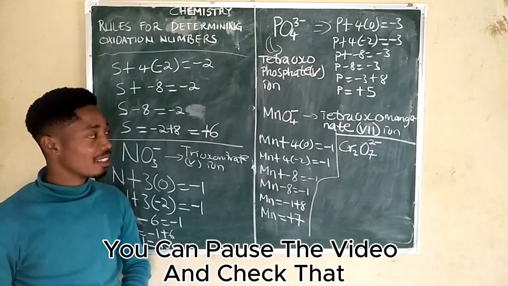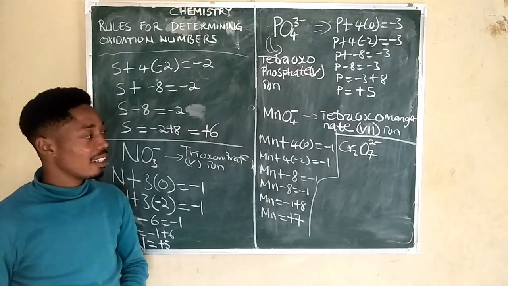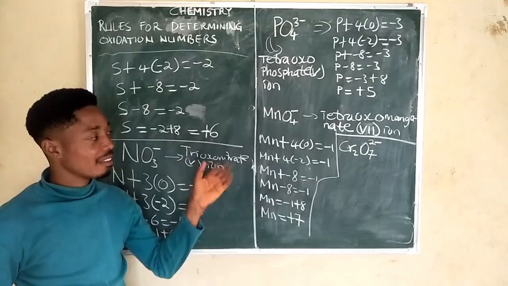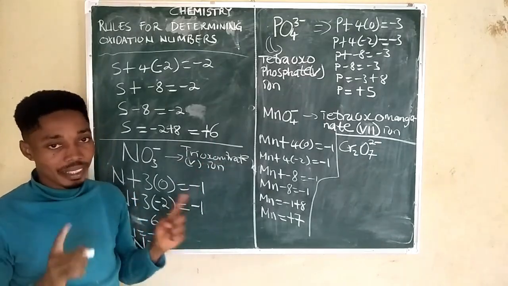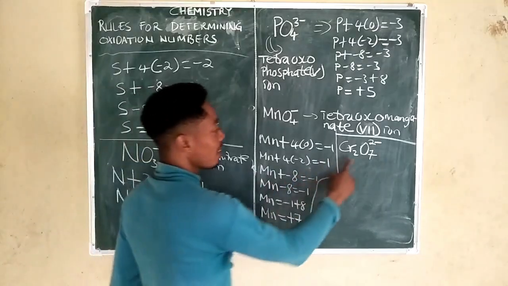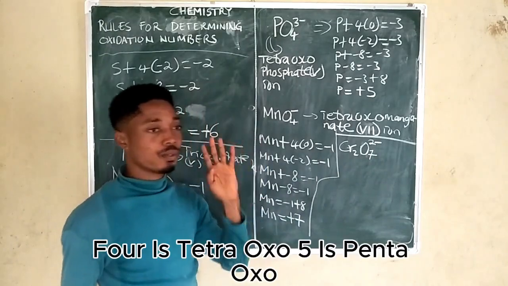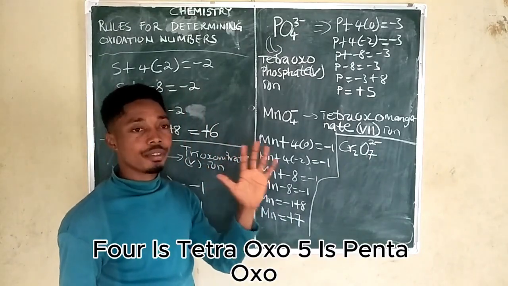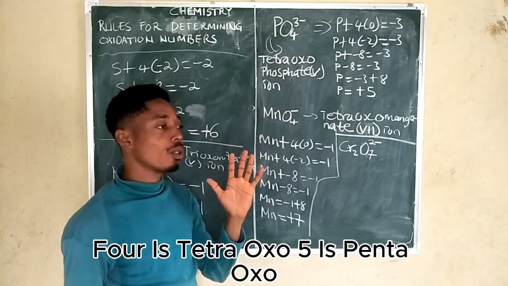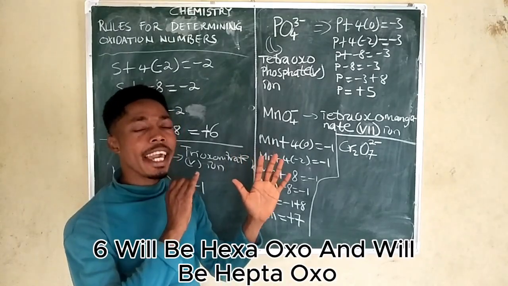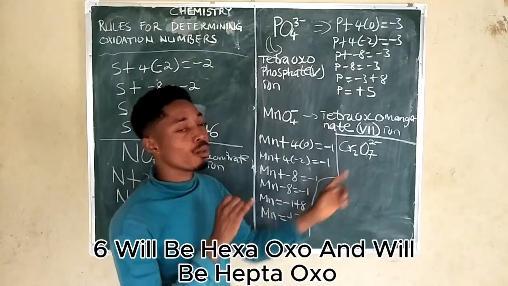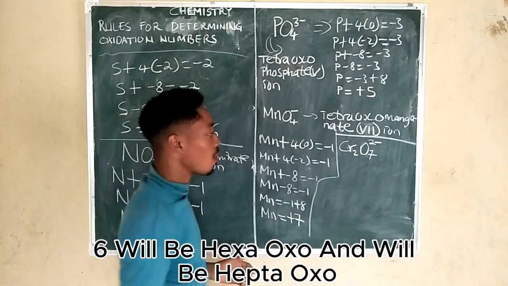You can pause the video and check that. And a hint, this is 7 atoms of oxygen. 4 is tetraoxo. 5 is pentaoxo. 6 will be hexaoxo. 7 will be heptaoxo.